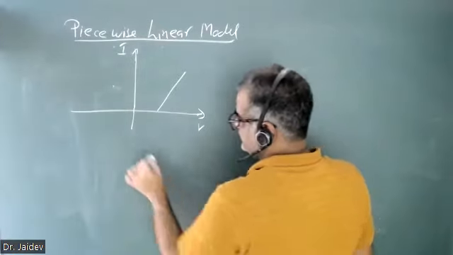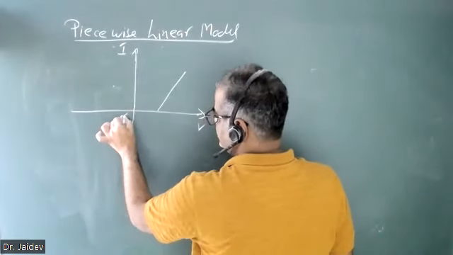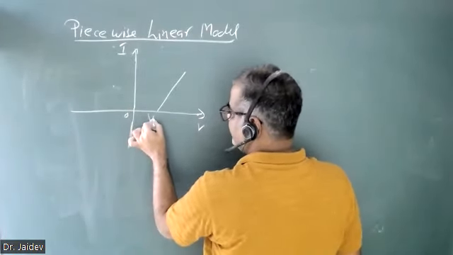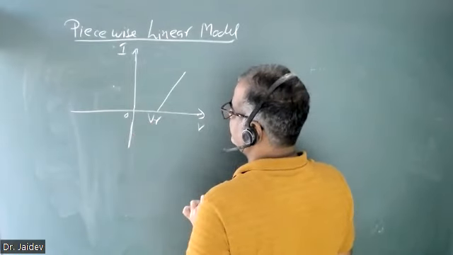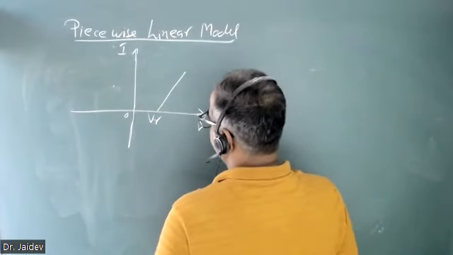This is 0, and this is your V gamma, the cutoff voltage. Now what does this mean?